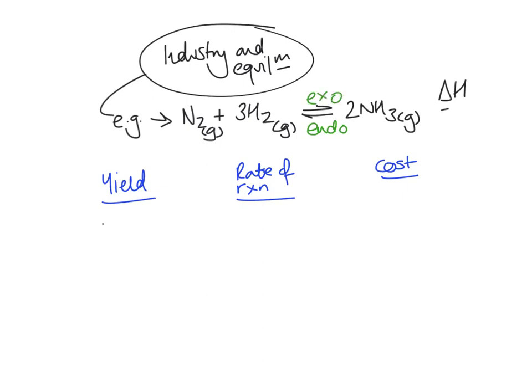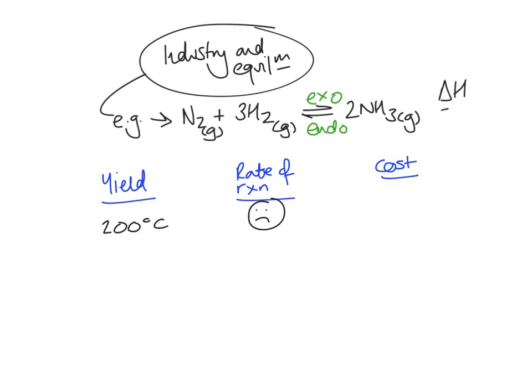Now, the highest yield would be at 200 degrees Celsius due to the fact that this relatively low temperature would produce more of the ammonia because of the lower temperature preferring the exothermic pathway. But the problem with this is that it actually gives a low rate of reaction, because at lower temperatures the collisions between nitrogen and hydrogen are less.